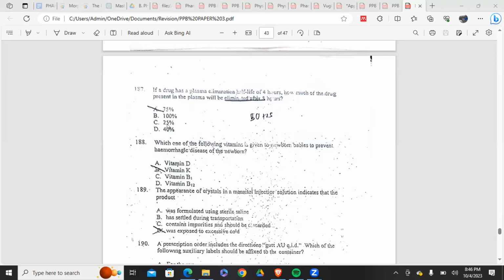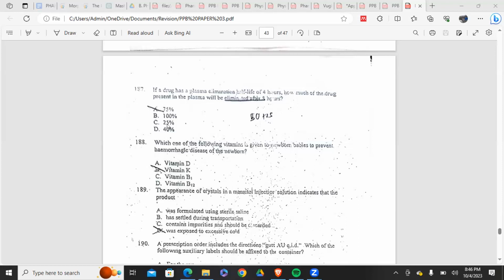So the first 4 hours, if the drug was 100%, it goes to 50%. Then in the next 4 hours it goes again to half of what is present, so half of 50 is 25. Then you sum them up.